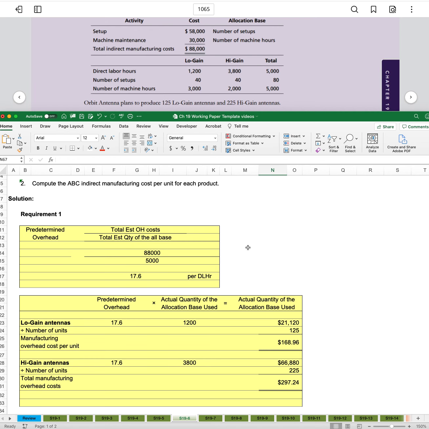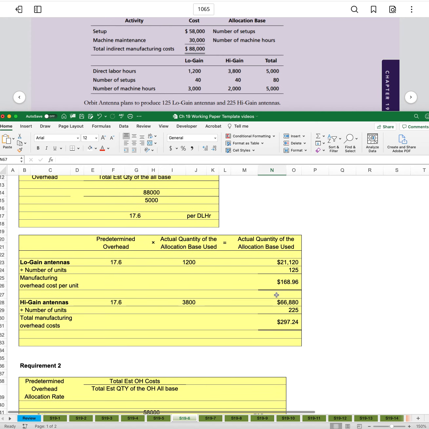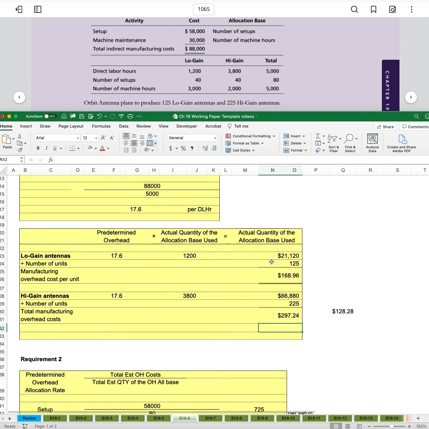And so you can see the importance of this activity-based costing rather than the standard plant-wide rate, because under the standard plant-wide rate, we're assuming that the high gain needs an overhead of 297 versus 168 for the low gain. So it seems like the high gain is costing us $128 more than the cost to produce a low gain.